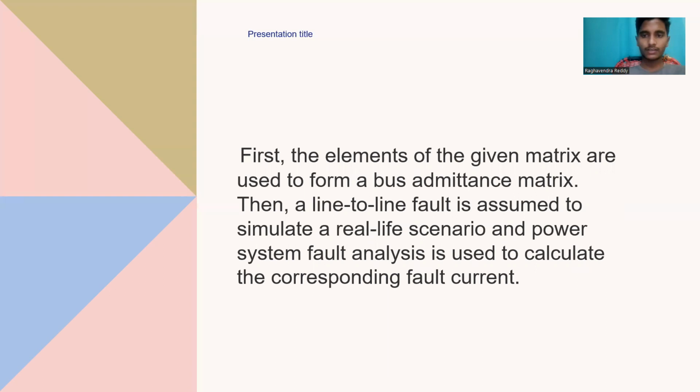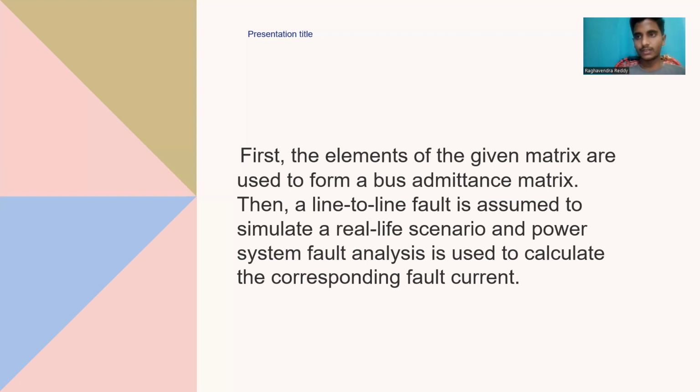Then a line-to-line fault is assumed to simulate a real-life scenario, and power system fault analysis is used to calculate the corresponding fault current, the current that flows in this scenario.